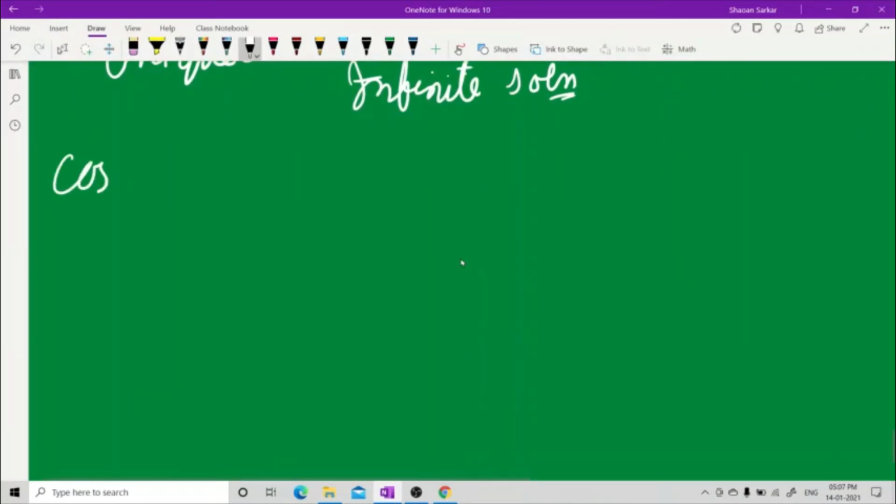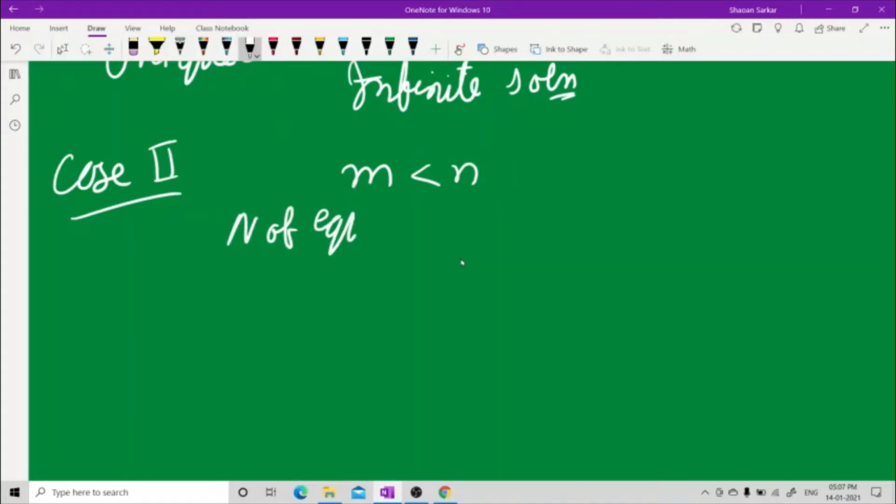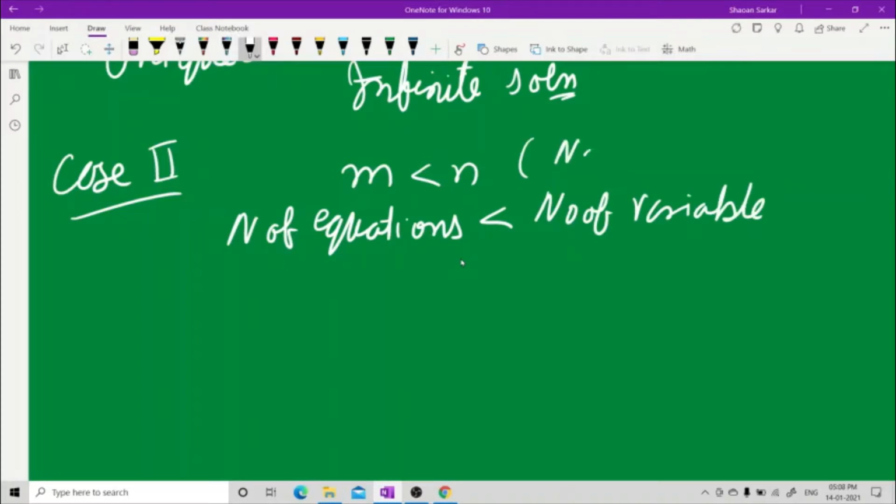Case number two, m is less than n. That is, the number of equations is less than the number of variables. That means here I will get no unique solution.